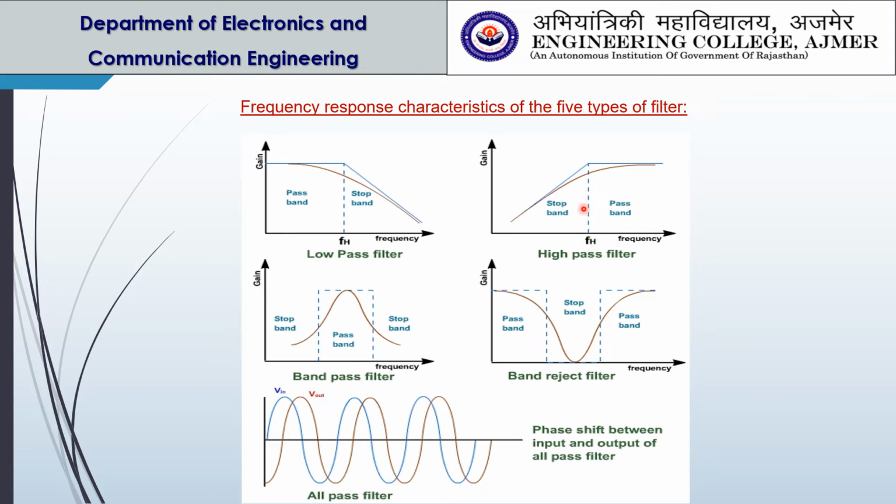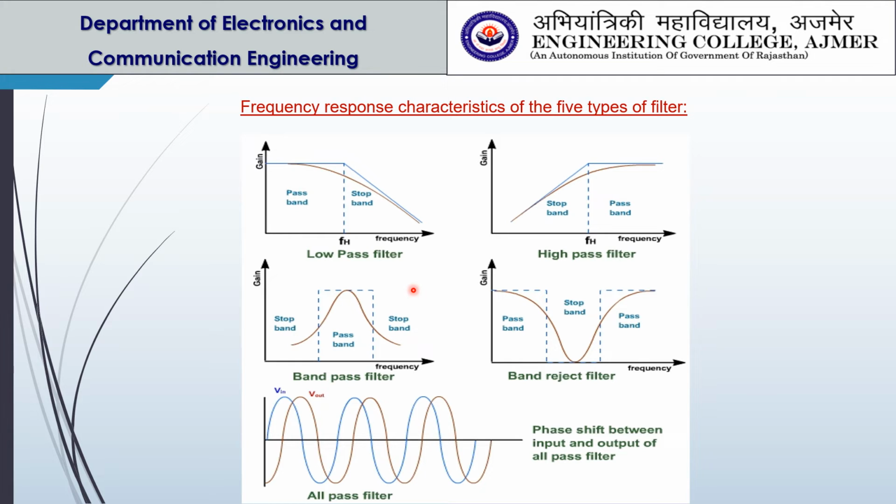Below this fL, the gain decreases as frequency decreases. The gain continuously decreases. At fL, the gain is down by 3 dB. The frequency range fL to infinity is called pass band, and below this fL is called stop band.